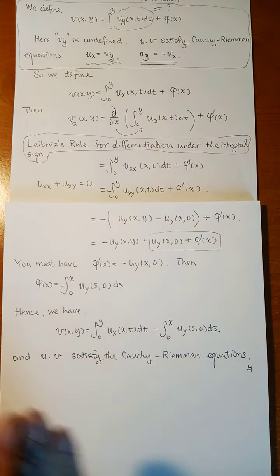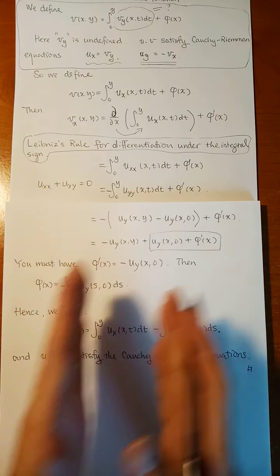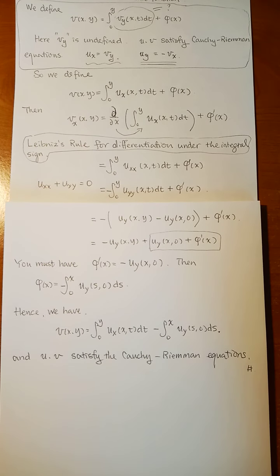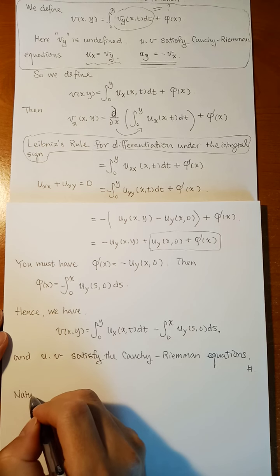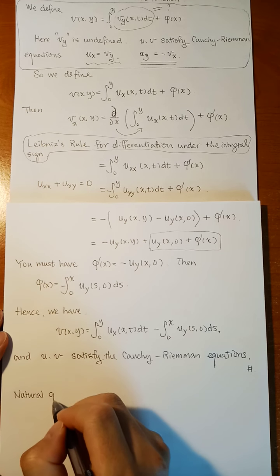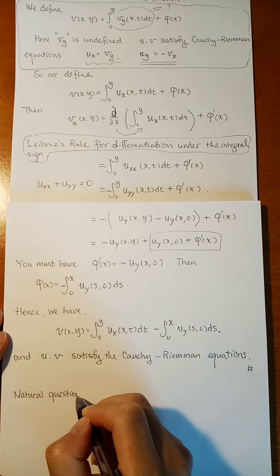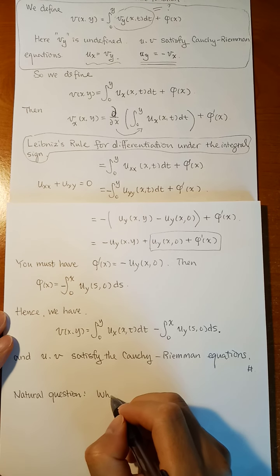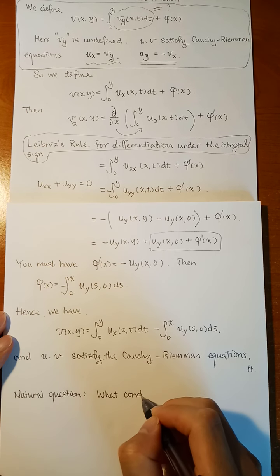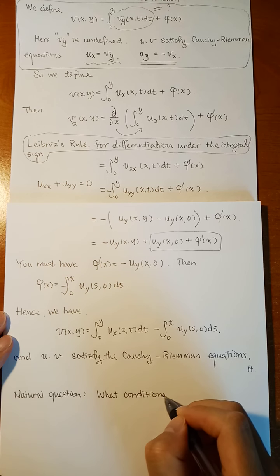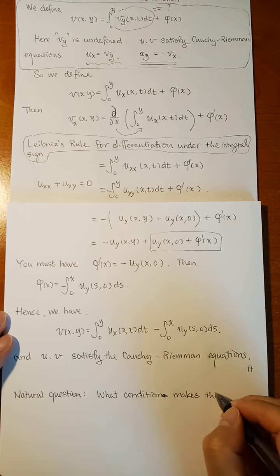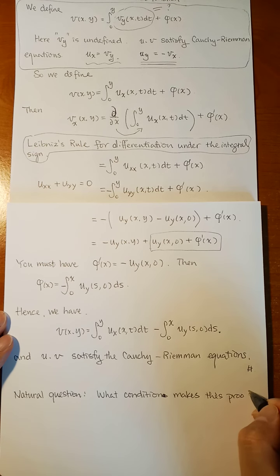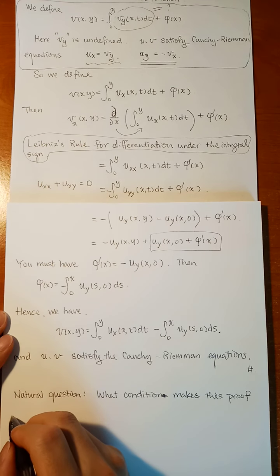For all the disks, if the disk is not centered at the origin, you just shift it. Okay? So then we have a natural question. What condition makes this proof reasonable?